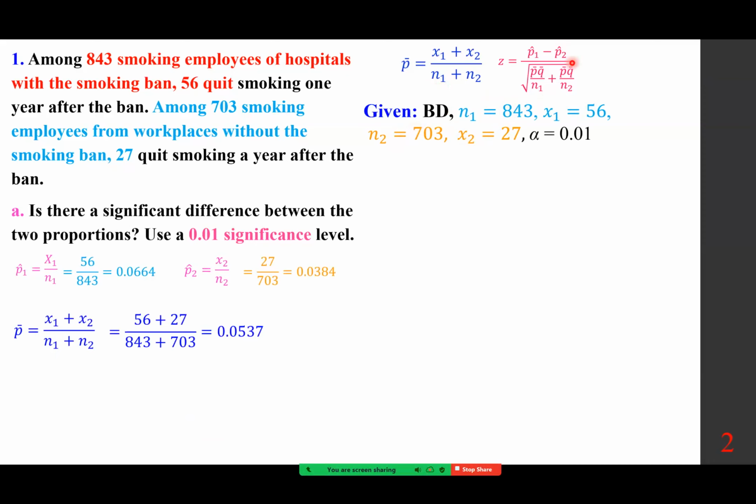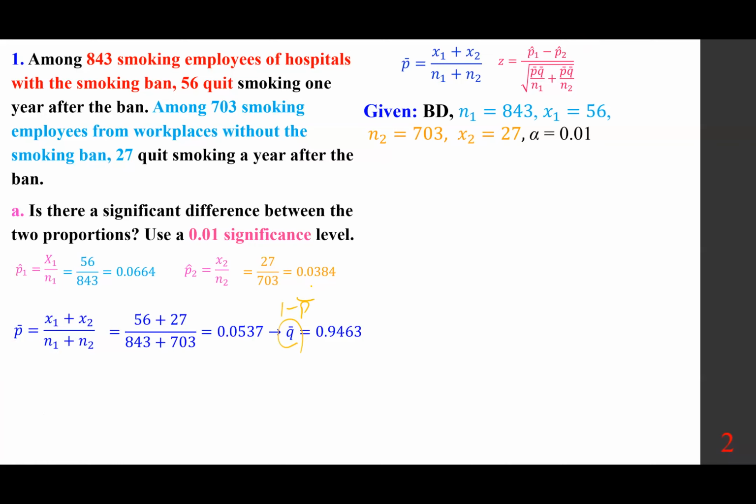We need q bar, and of course, q bar must be 1 minus p bar. All right, we are ready to do the business.